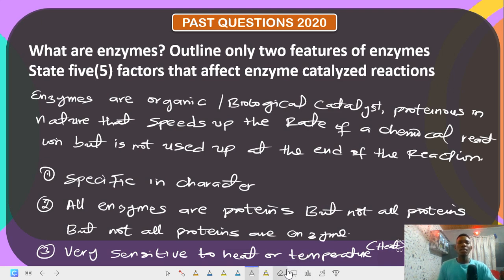Now the next question says, state 5 factors that affect enzyme catalyzed reaction.